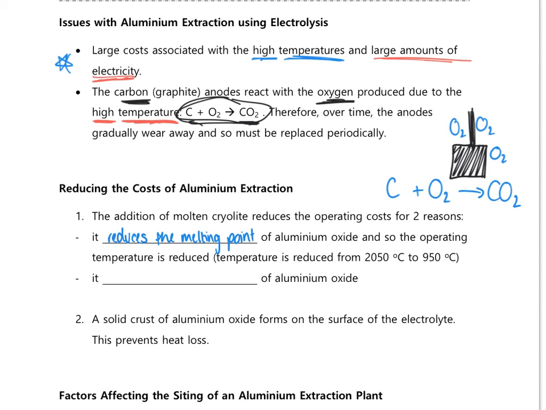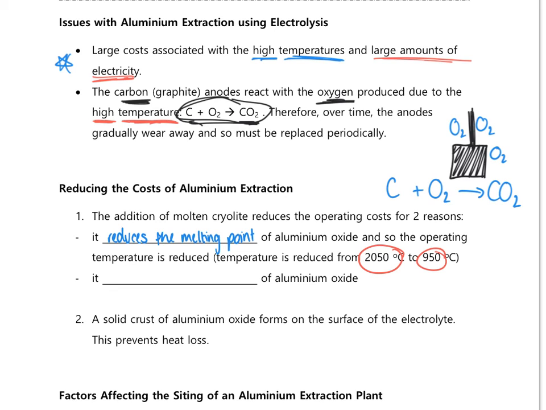So if my melting point is lower, I don't have to apply as much heat energy in to get it to melt. And actually we see it has a massive difference. It reduces the melting point from 2050 degrees to 950 degrees. 950 degrees is still a pretty high temperature, but it's a lot less than 2050 degrees. So I don't have to heat it up as much, don't have to apply as much energy to get it to melt.